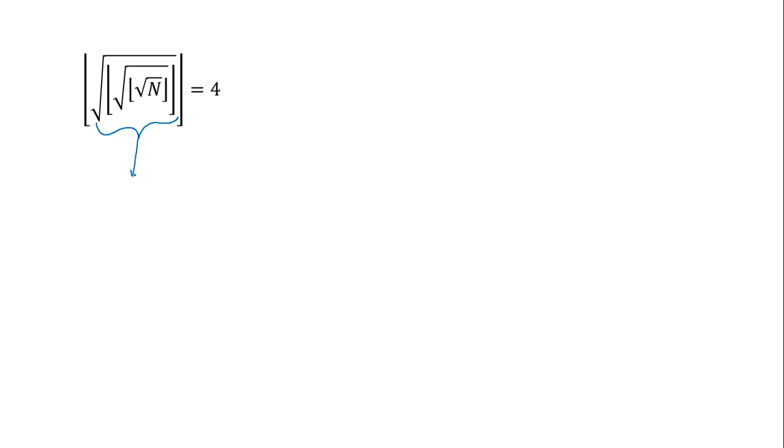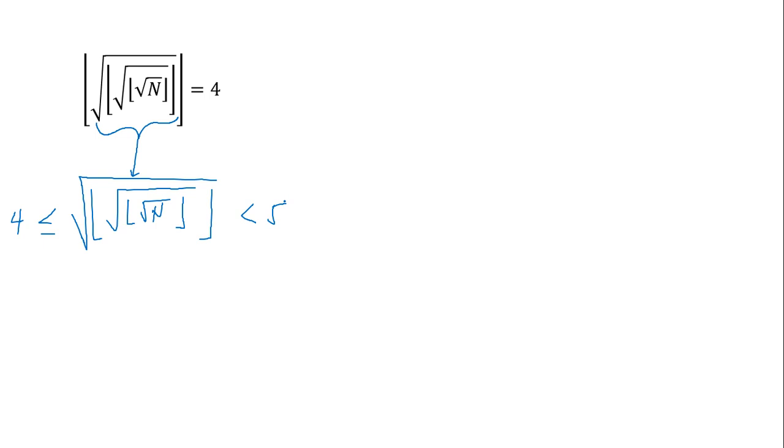In other words, the square root of the floor of the square root of the floor of the square root of n is greater than or equal to 4 but less than 5.